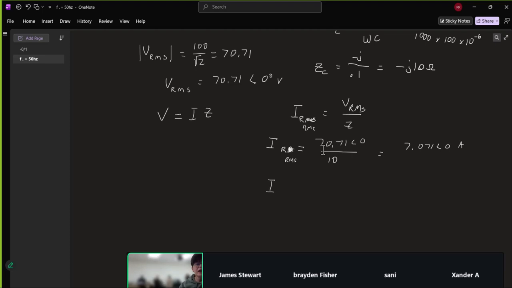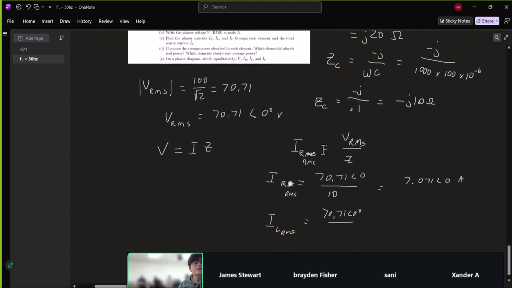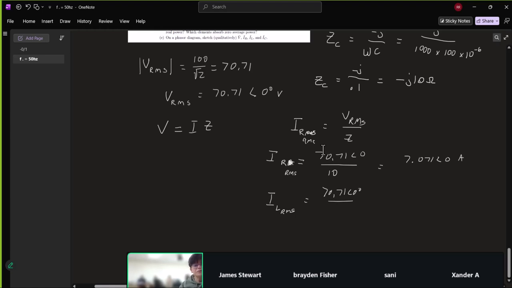Okay, and then I_L RMS would be 70.71 angle 0 degrees over j20. Now, I know that if something is purely imaginary, then its angle is either positive 90 degrees or negative 90 degrees.